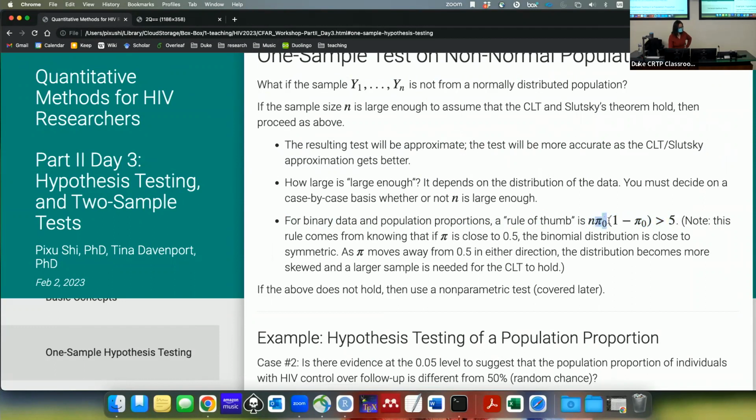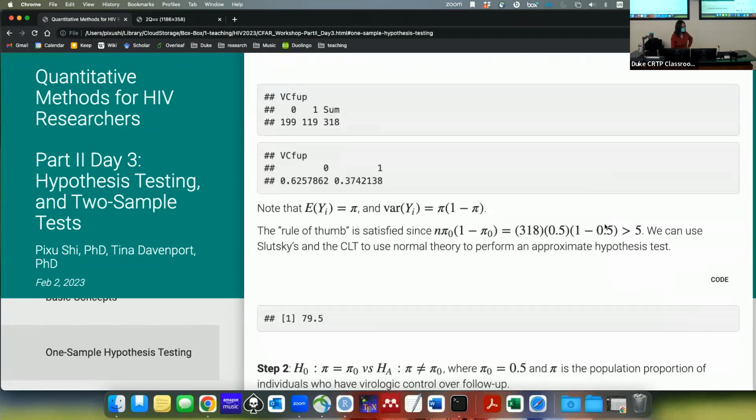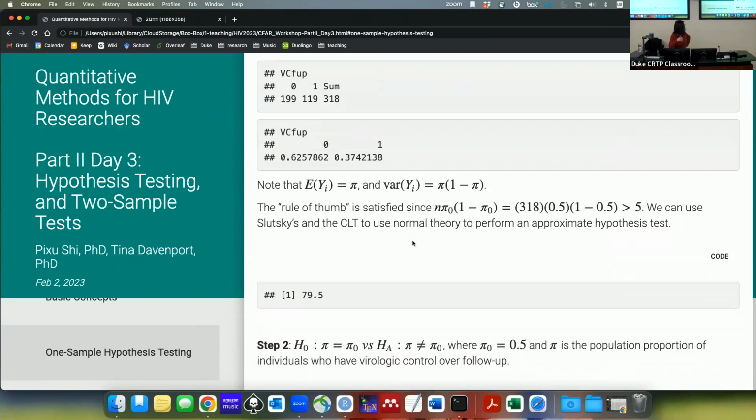This pi zero is your null hypothesis, so it will be 0.5 instead of the proportion you observed from your data set. So this is just to check if your sample size is large enough to use the normal approximation. It is satisfied here, so you are safe to use the normal test. But we're going to do a proportion test based on the binomial distribution.